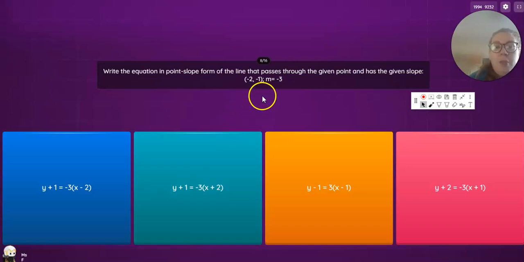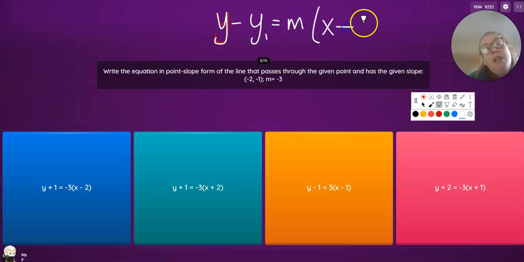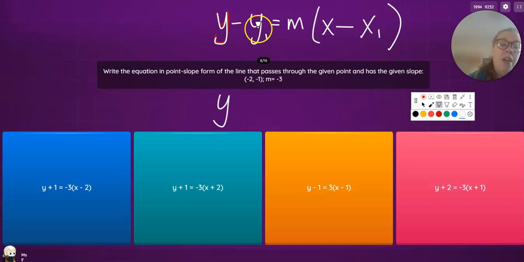Write the equation in point slope form. We have the following point and the following slope. So y minus y1 equals m times x minus x1. Our y1 is a negative 1, which means we're going to put y plus 1.